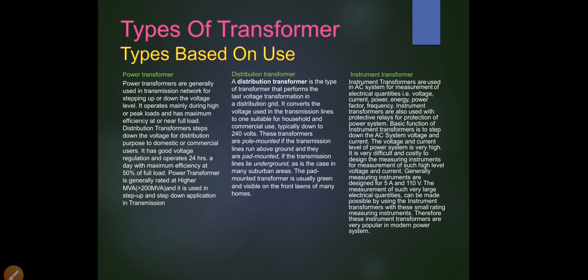The basic function of the instrument transformer is to step down the AC system voltage and current. The voltage and current levels of the power system are very high, and it is difficult and costly to design measuring instruments for such high level voltage and current. So the measuring instruments are designed for 5 amps and 110 volts.